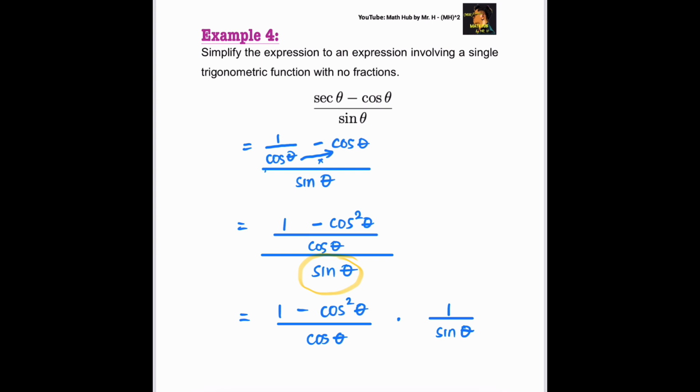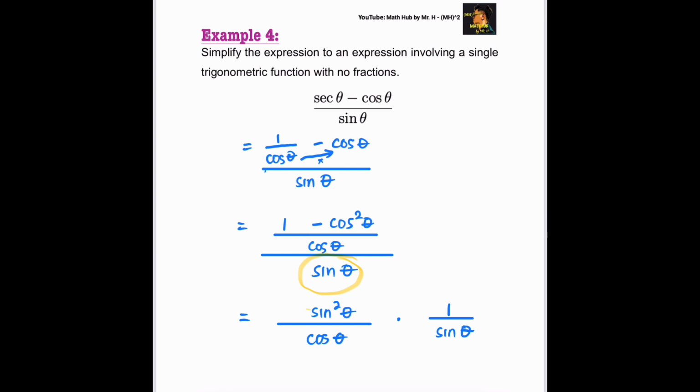So if we take a look at this one, 1 minus cosine squared theta is one of the Pythagorean identities, right? So 1 minus cosine squared theta is actually equal to sine squared theta. So we can change that to sine squared theta.